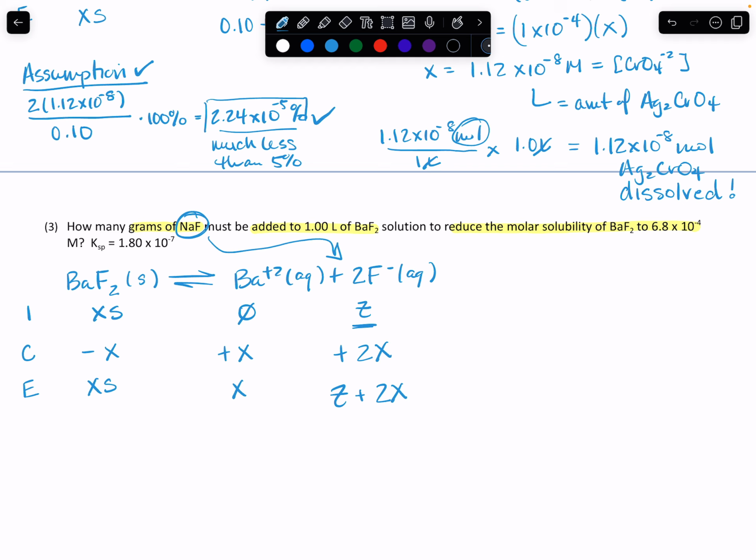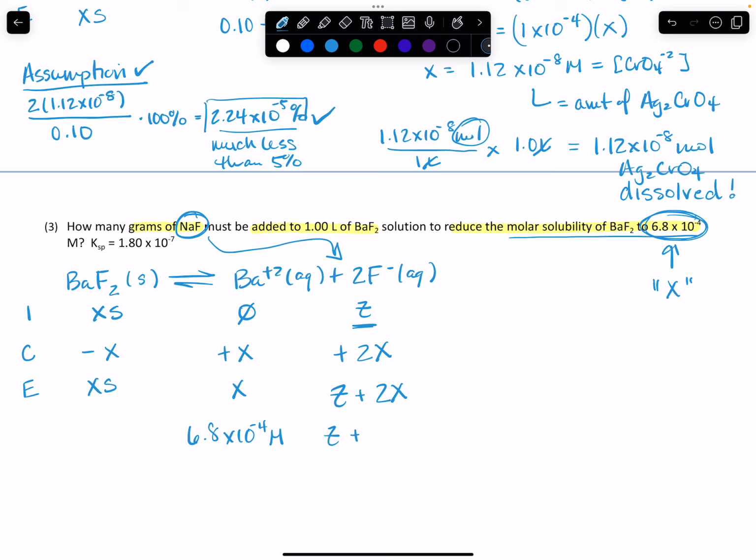All right, now we want to reduce the molar solubility to this value. So that means I want to have 6.8 times 10 to the negative fourth molar as the change. This value is X. So down here, 6.8 times 10 to the negative fourth molar.